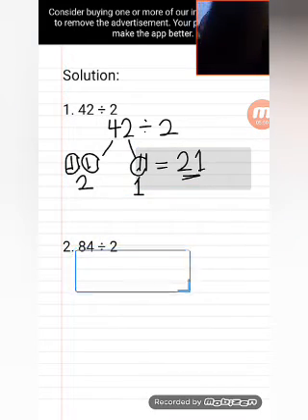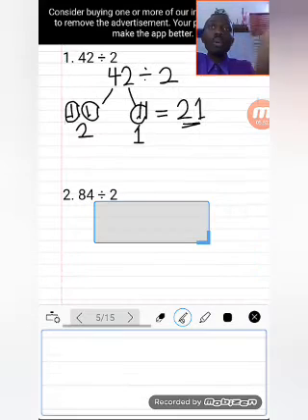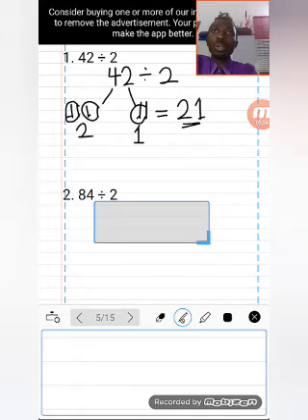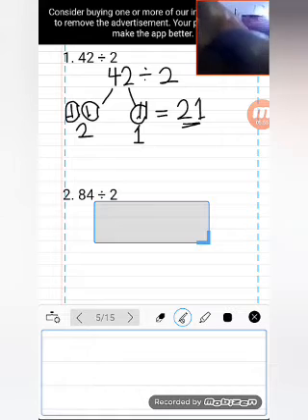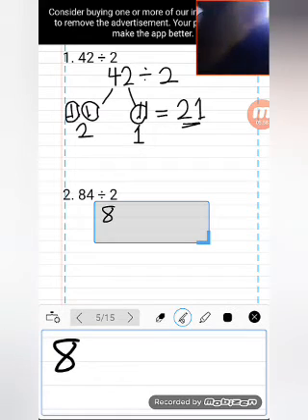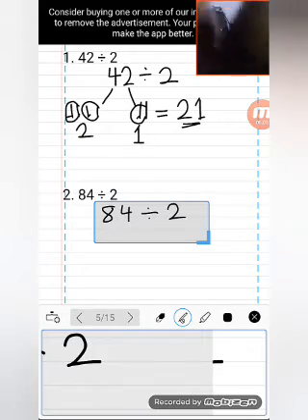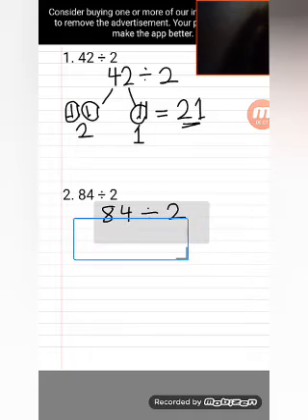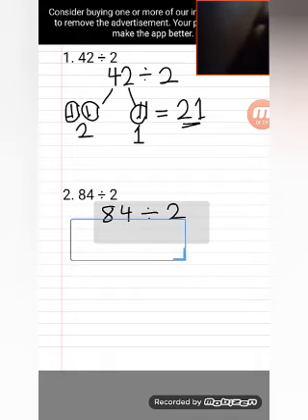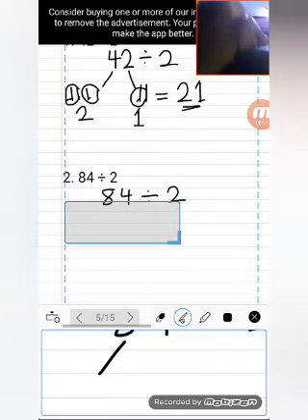So let's do the next one, which is 84 divided by 2. Let's write it out: 84 divided by 2. Remember, what do we do first? The tens first, and in the tens case here we have the 8. So let's treat the 8 first.